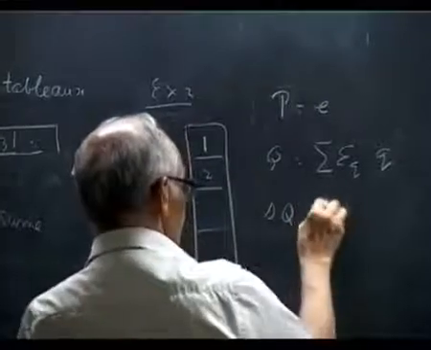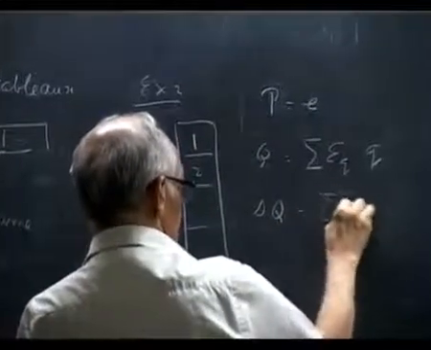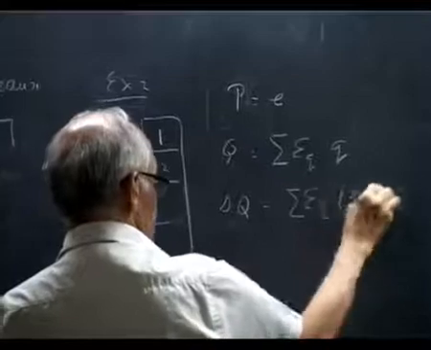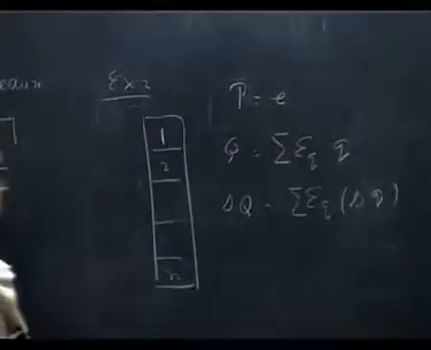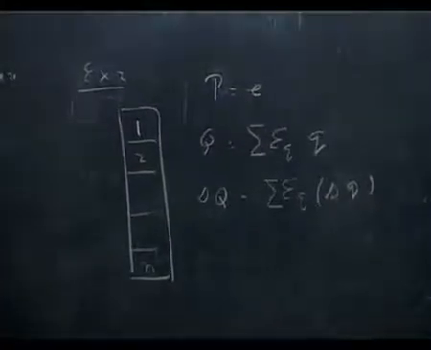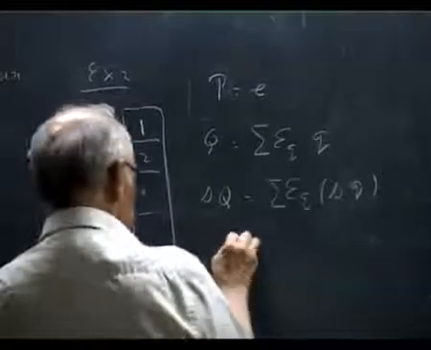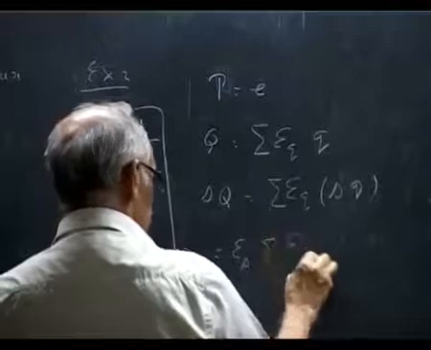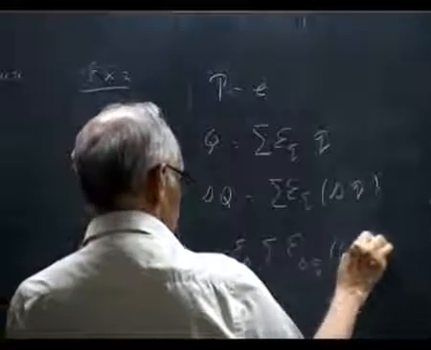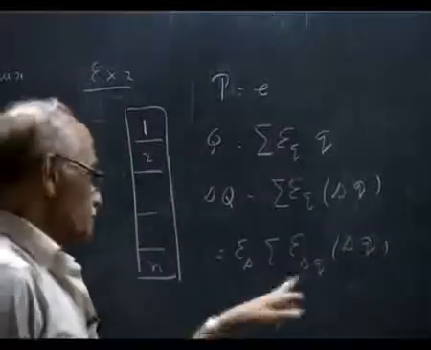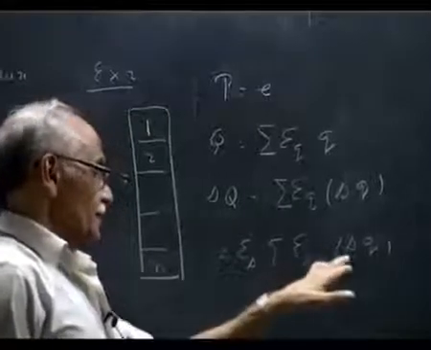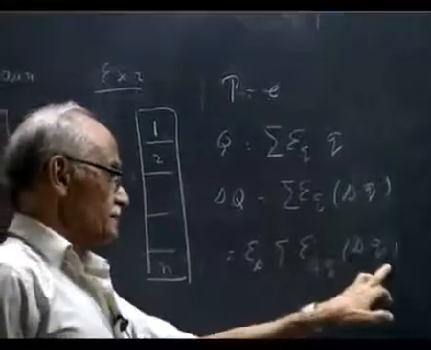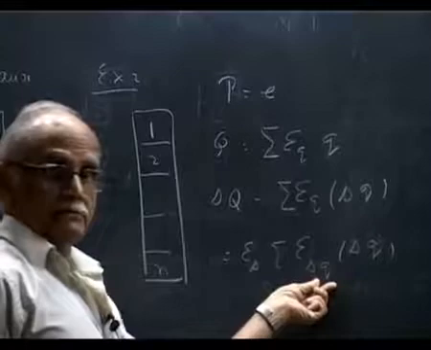It is going to be epsilon Q times SQ. But this is equal to epsilon S times epsilon of SQ times SQ, right? Because if S is even and Q is even, this is even.